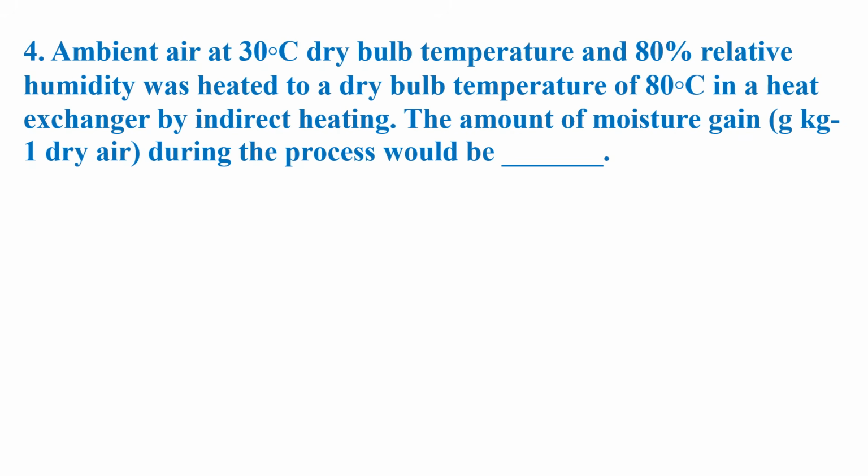Ambient air at 30 degrees Celsius dry bulb temperature, so this is my initial T1, and 80% relative humidity, that is RH, is heated to a dry bulb temperature, that is T2, in a heat exchanger by indirect heating. Okay, it's a bit tricky question. The amount of moisture gained during the process would be how much? Since we read that in indirect sensible heating, what happens?